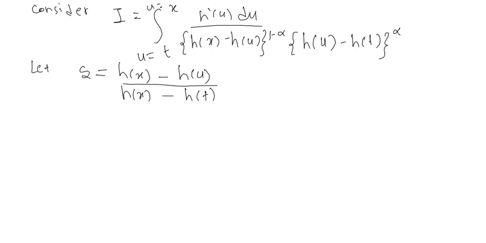So whenever you want to substitute for the variable of integration, remember that you have to change three things. What are those? First of all, the limits of integration will change. Then wherever there is variable u, it should vanish and everything should become in terms of s.